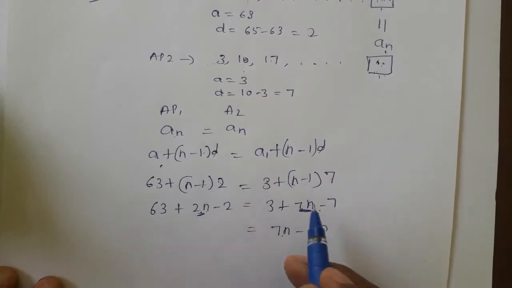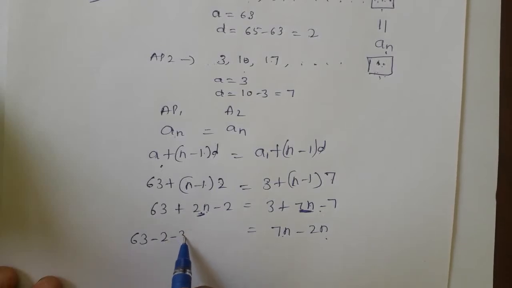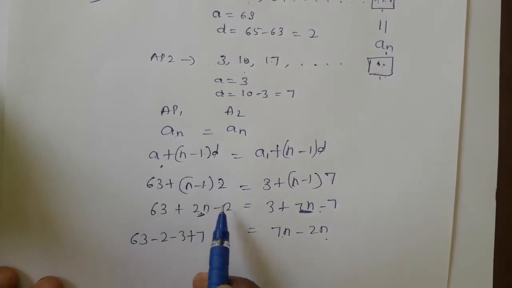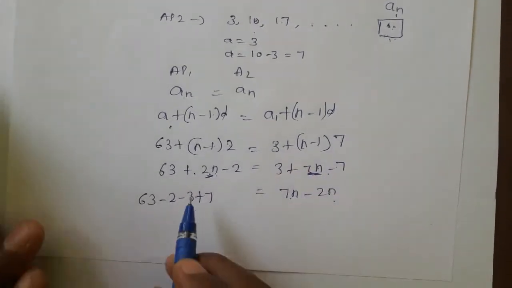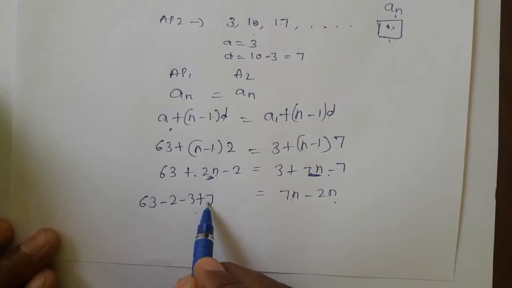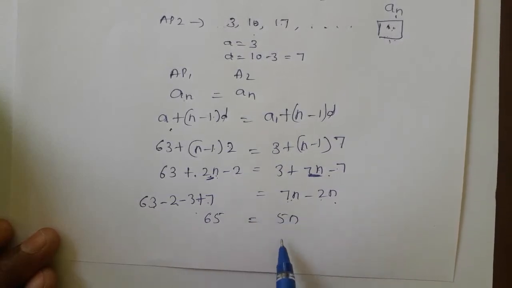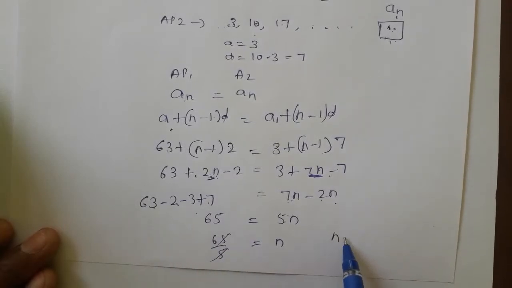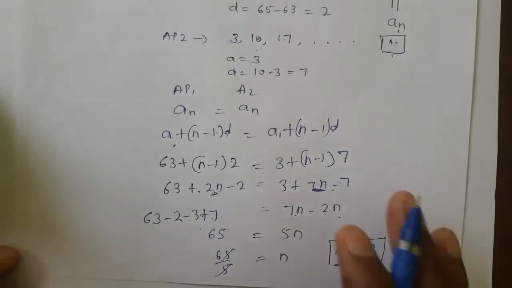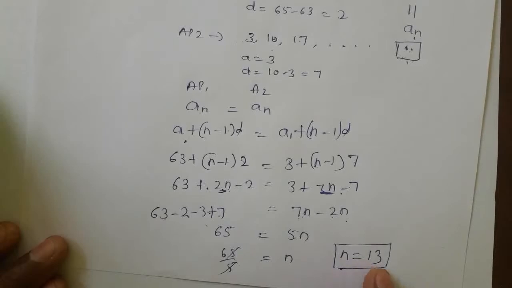The remaining values we bring to this side: 63 minus 2 minus 3 plus 7. 63 minus 2, this 3 is taken to this side, minus 3, and minus 7 taken to this side, plus 7. 63 and 7 make 70, and 5 subtracted gives 65. Isn't it? 7n minus 2n is 5n. So n equals 65 by 5, cancelled, n value is 13.